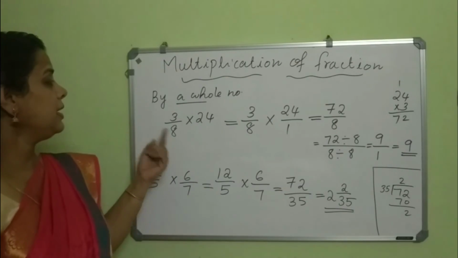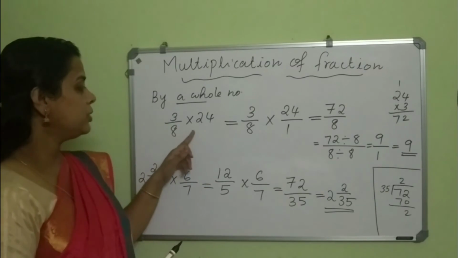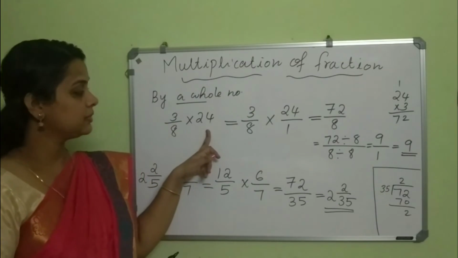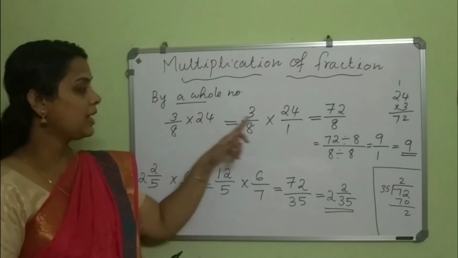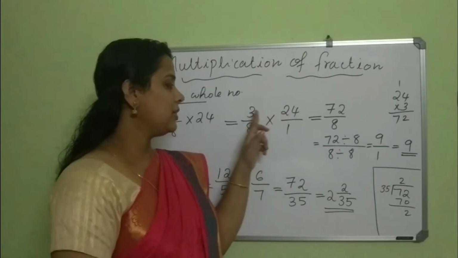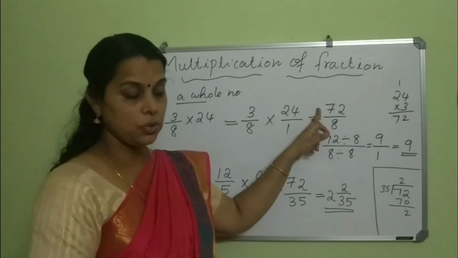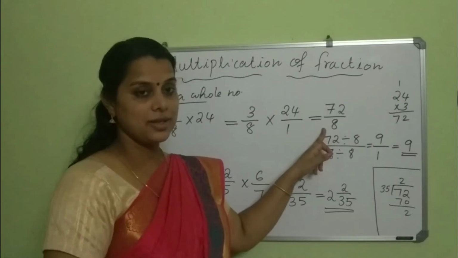Next is multiplying a fraction by a whole number. See this example, 3 by 8 into 24. 24 is a whole number. Now we change that: 24 we can write as 24 by 1. Now multiplying the numerators, 3 into 24, that is 72, and the denominators, 8 into 1, that is 8.